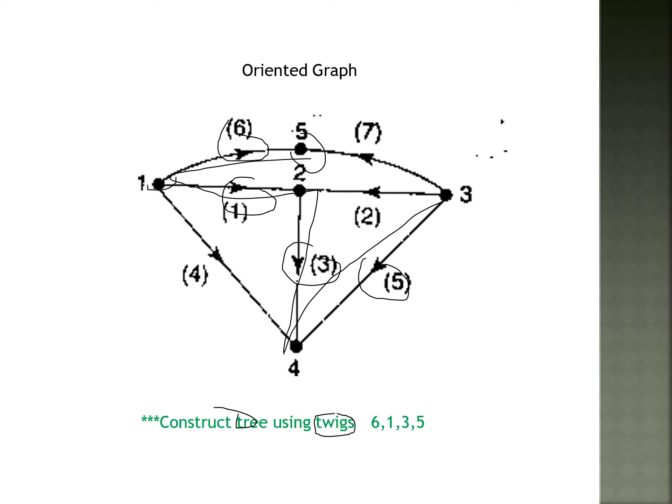Here I am drawing the tree diagram by using branches 6, 1, 3, 5. So this is the tree diagram. The remaining are considered co-tree elements.